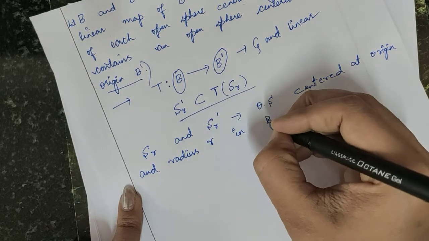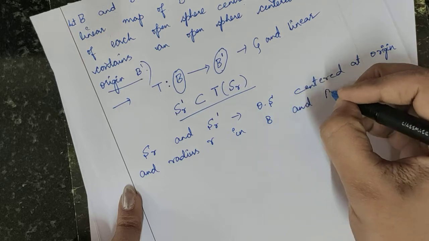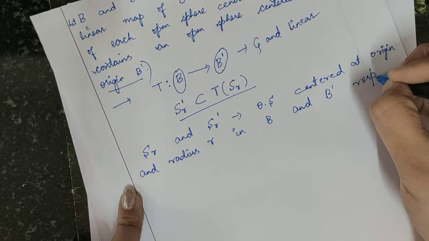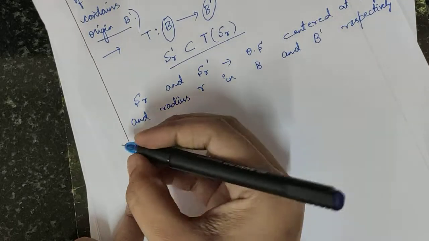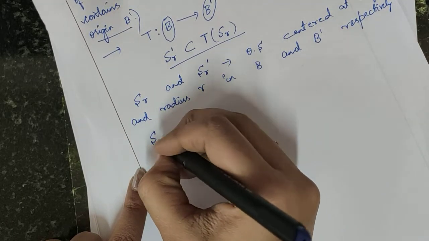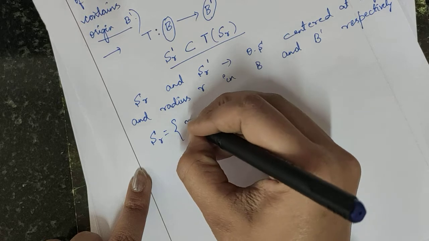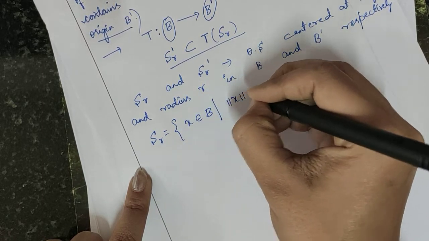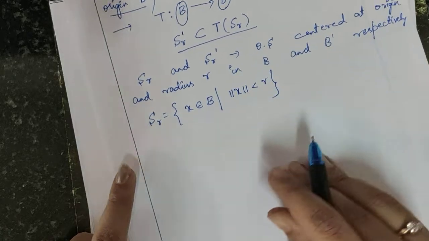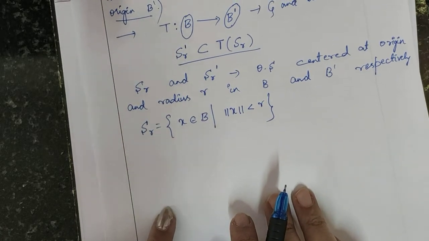This is in B and B prime spaces respectively. So the set may be in the form of SR is equal to X belongs to B such that norm X is less than R. This is how we define our open sphere, right?